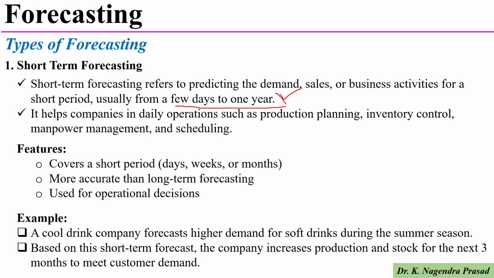For example, a cool drink company forecasts higher demand for soft drinks during the summer season. Based on this short-term forecast, the company increases production and stock for the next 3 months to meet customer demand.